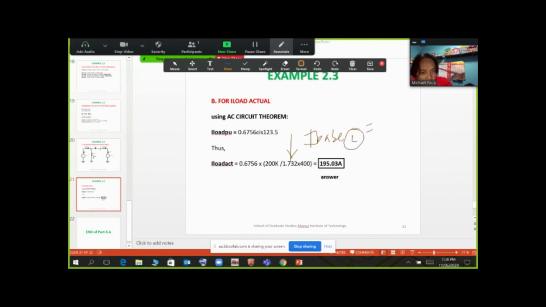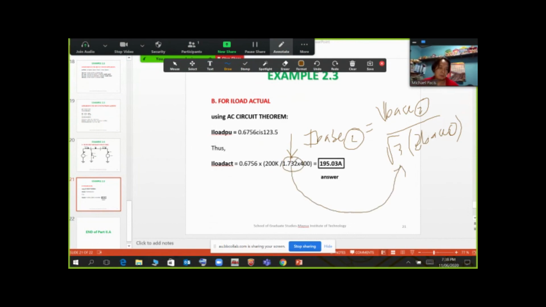You can use the formula V base 2 all over square root of 3 times Z base 2. Please note that the 1.732 here is equivalent to the square root of 3. And that's the answer in numerical value or magnitude: 195.03.